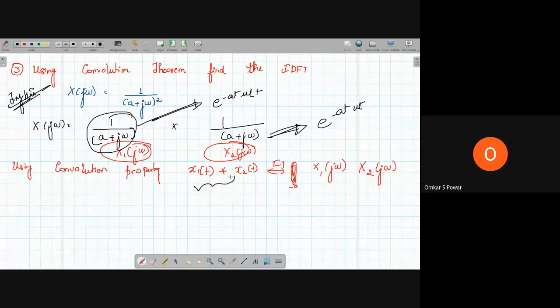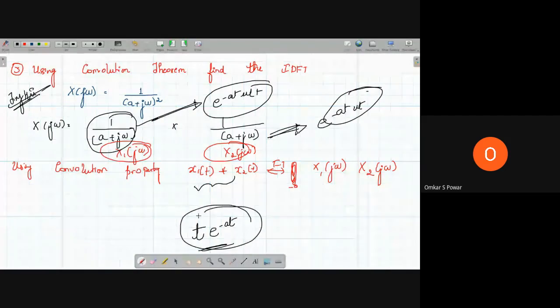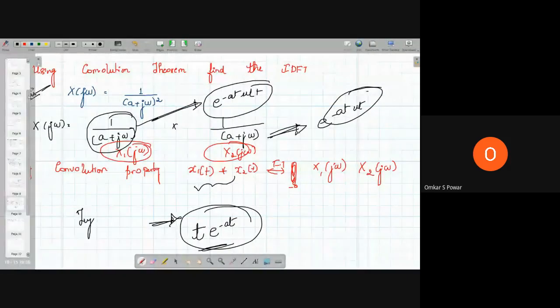Then take the convolution of these two time domain signals. You will end up with the answer t e power minus at u of t. Try solving this problem; in the next class I will also solve this one. After you solve this one, it should be easy for you.